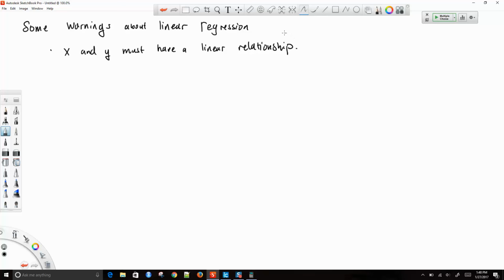You can't just calculate correlation and those other summary statistics and get a linear regression line. So x and y must have a linear relationship, otherwise the model does not make sense.